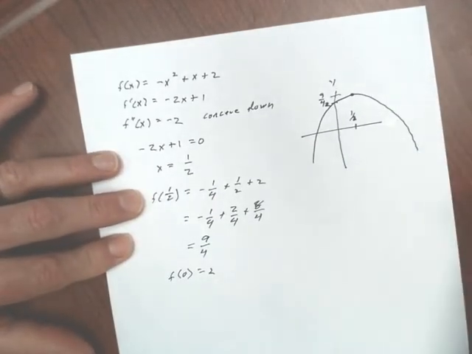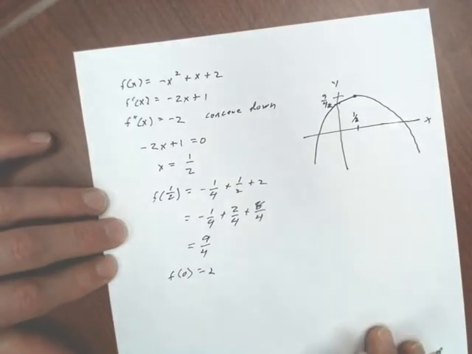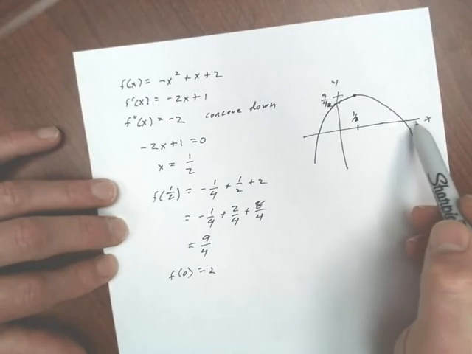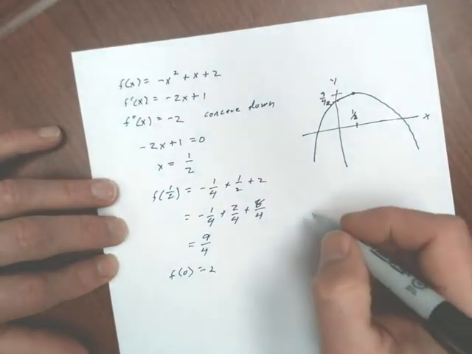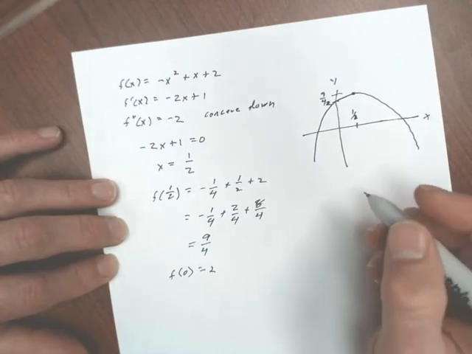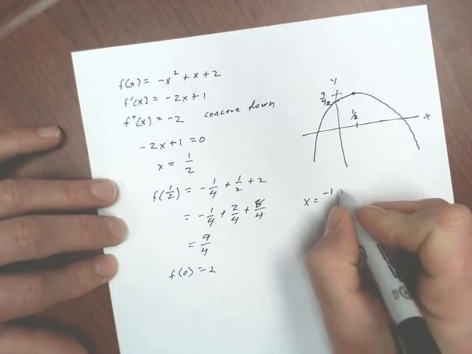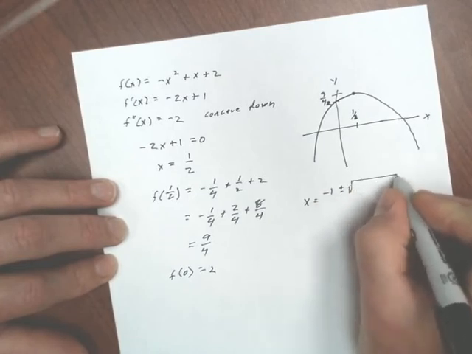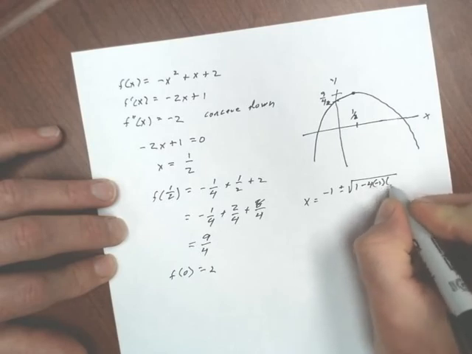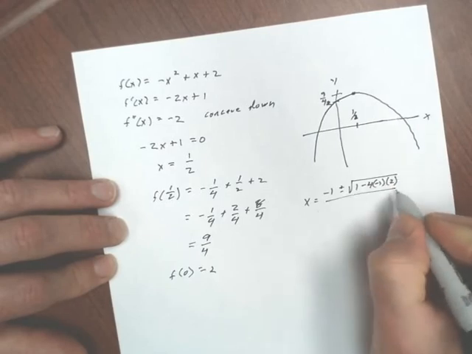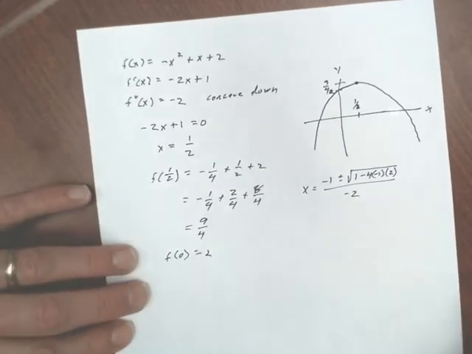Let me get rid of this and extend this out a little bit. What are our x-intercepts? Well, we're going to take this and put it through the quadratic formula. That gives us x equals -1 plus or minus the square root of 1 squared minus 4 times a, which is -1, times c, which is 2, all divided by -2.